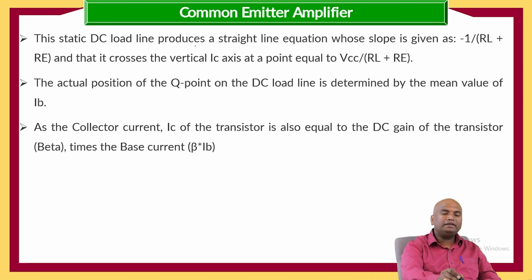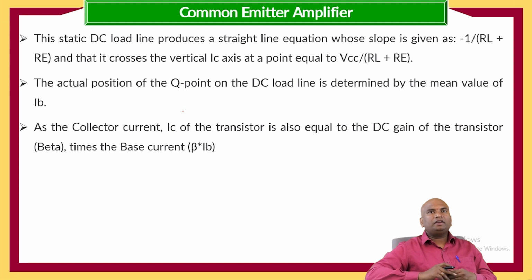Now this static DC load line produces a straight line equation whose slope is given as minus 1 by (RL plus RE), and it crosses the vertical IC axis at a point which equals VCC by (RL plus RE).